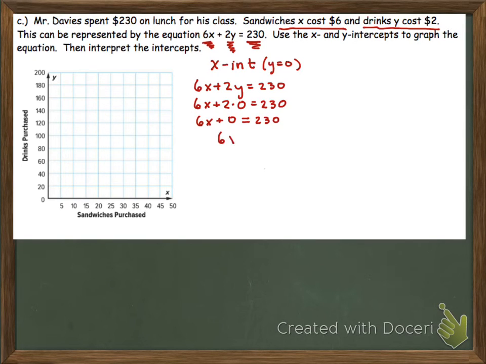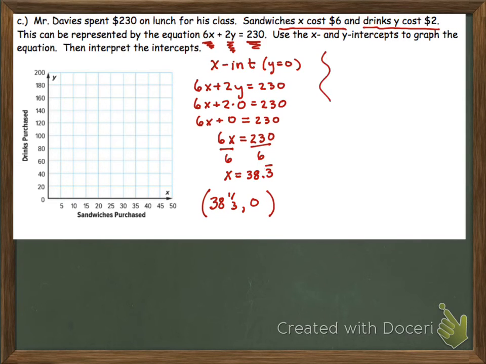And so we end up with 6x is equal to 230. And you need to divide both sides by 6. And x is equal to 38.3 repeating. Now, 0.3 repeating doesn't really make sense for a number of sandwiches, but you would have to say like 38 1/3. That's the same idea. And so that is 38 1/3 sandwiches and 0 drinks there.